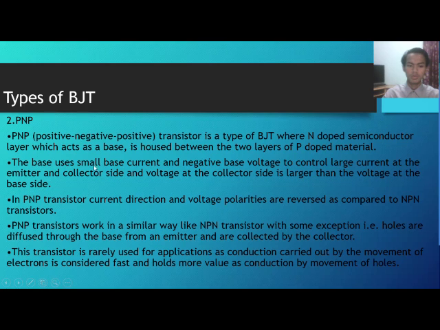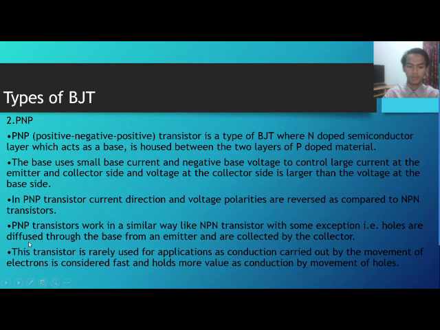The base uses a small base current and negative base voltage to control a large current at the emitter and collector side, and the voltage at the emitter side is larger than the voltage at the base side. In a PNP transistor, current direction and voltage polarities are reversed as compared to an NPN transistor. The PNP transistor works in a similar way to the NPN transistor with some exceptions.